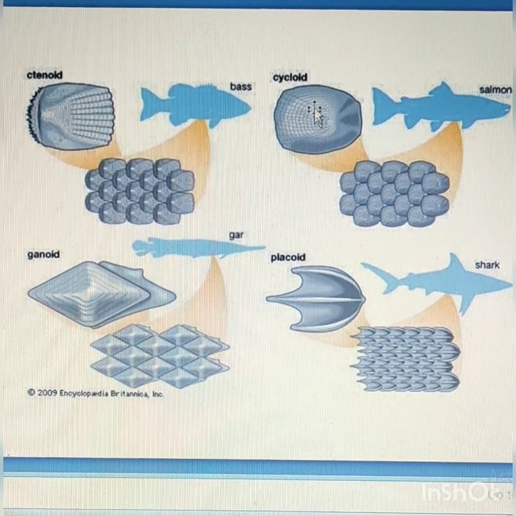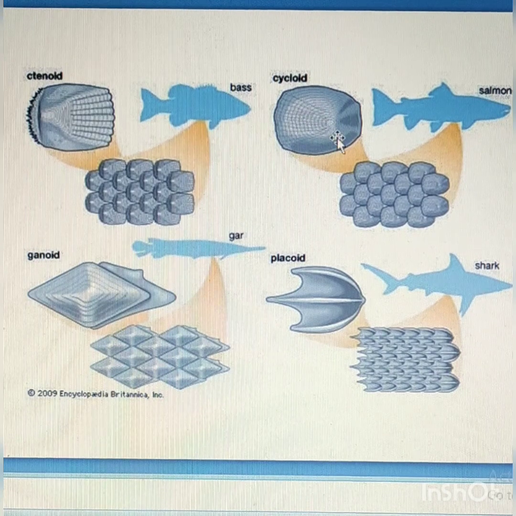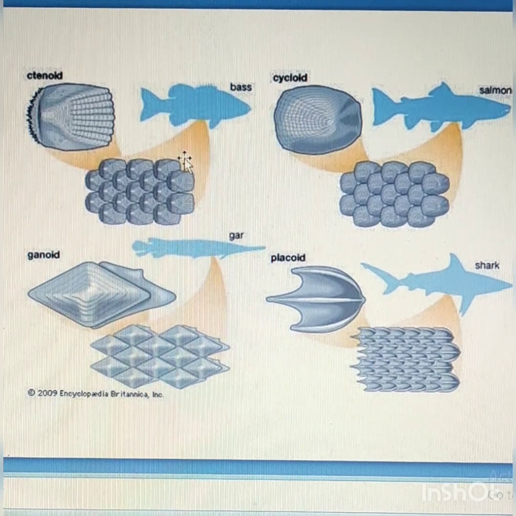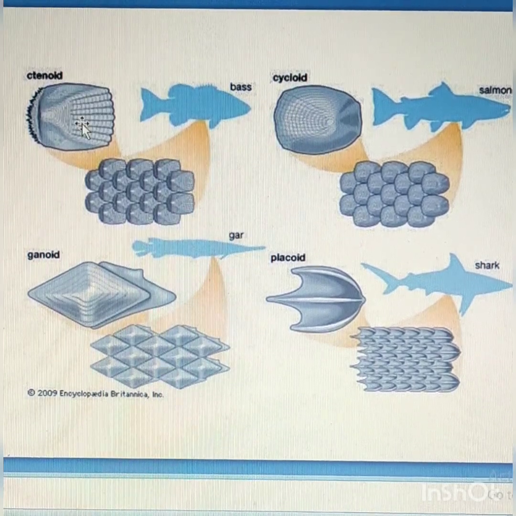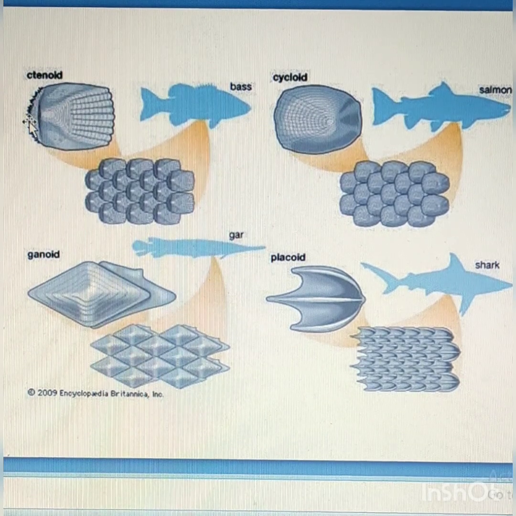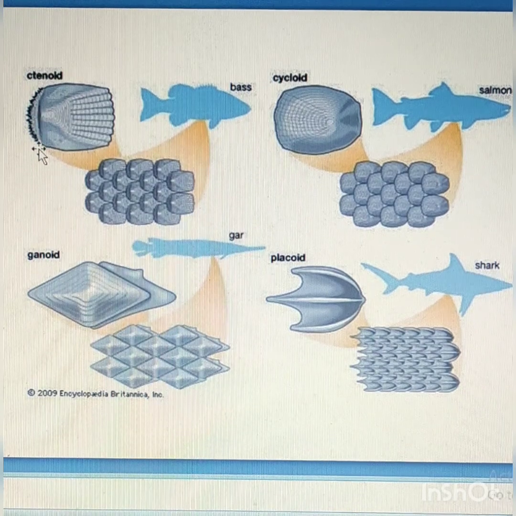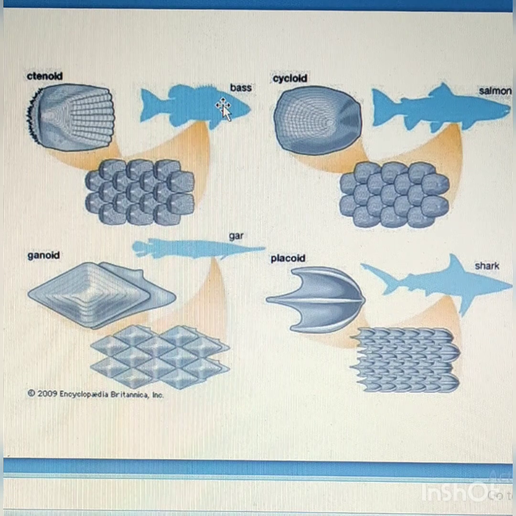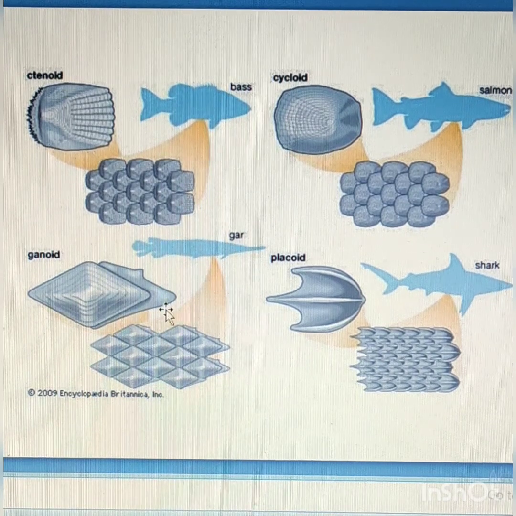Now the cycloid. Cycloid is generally found in carp, salmon, and the third one is ctenoid. Ctenoid, with some teeny teeth in its bottom, is found in bass, perch, etc. Then the ganoid.